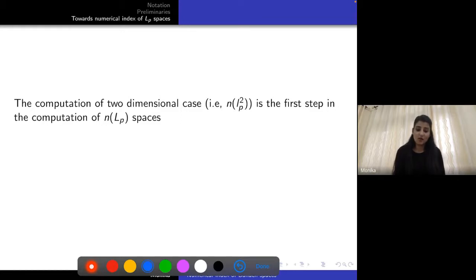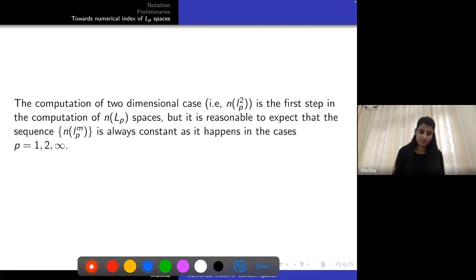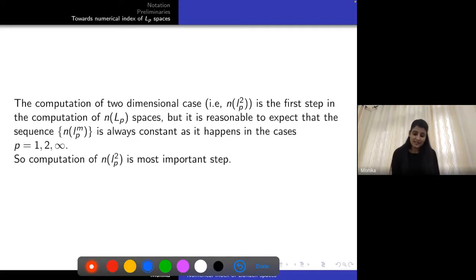It's still an open problem whether the sequence of numerical indices of L_p^m is constant or not. But it's reasonable to expect that this is constant. So in that sense, the computation of the numerical index of L_p^2 is the most important step.